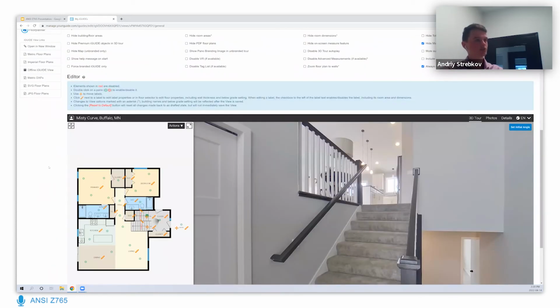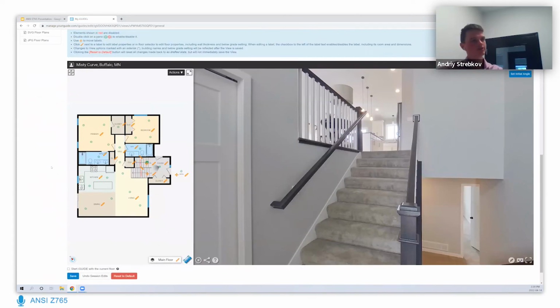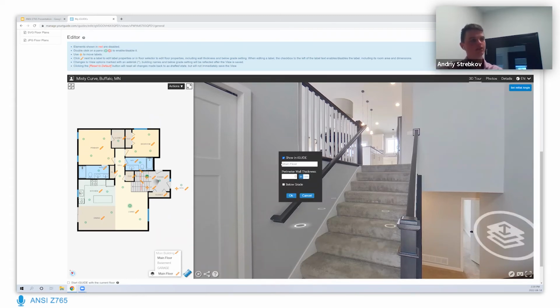So you scroll down here, and here you can do a lot of stuff. You can make a lot of nice changes to your iGUIDE. When you click on this edit floor icon right on the floor selector, that's the title of this floor, but here you see a perimeter wall thickness. For example, I can indicate 6 inches.